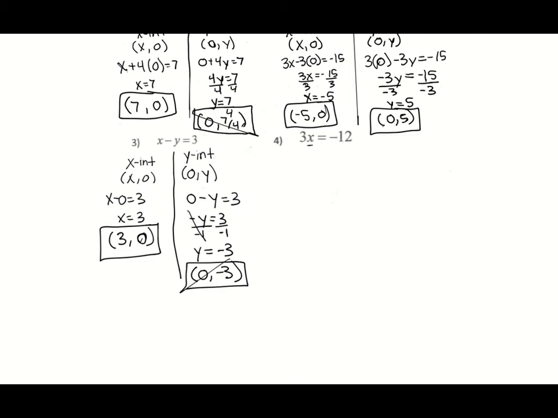To get rid of this 3 by the x, if I divide by 3 on both sides, I get x equals negative 4. So this equation here simplifies to x equals negative 4. This means that this equation only has an x-intercept, and my x-intercept is negative 4, 0.